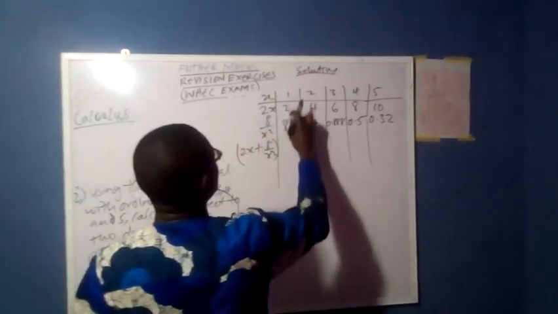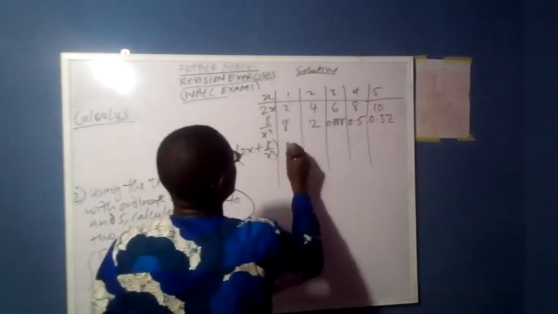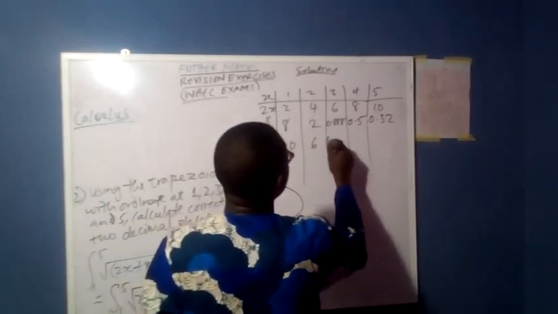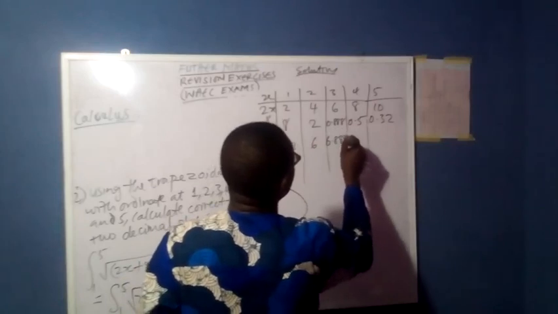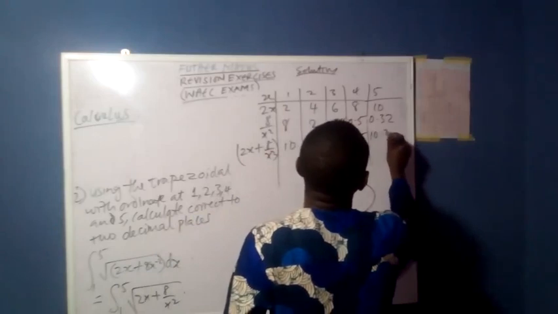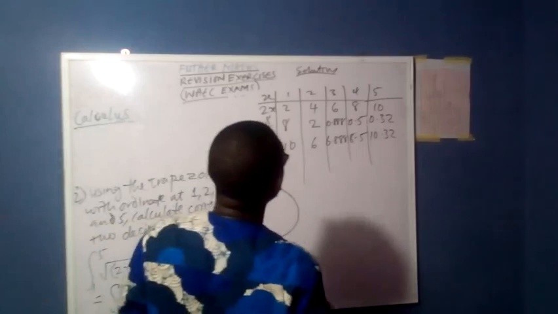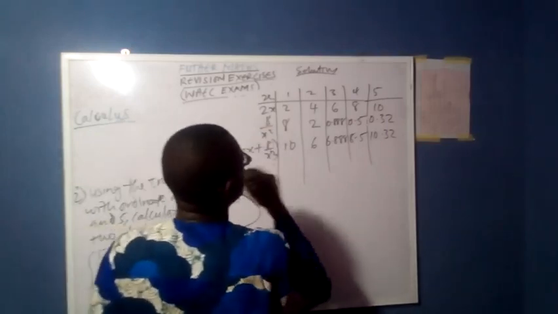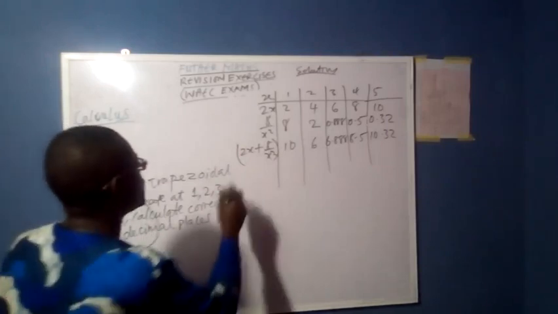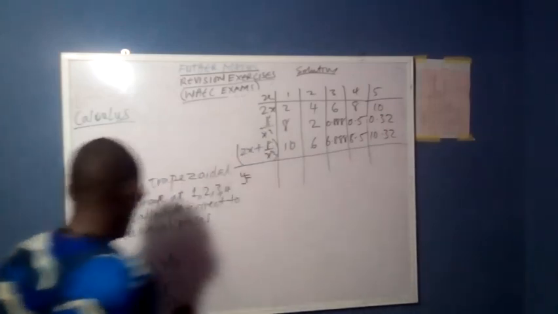That gives us 10, 6, 6.888, then 8.5, then 10.32. Now, the final one is the value of y.